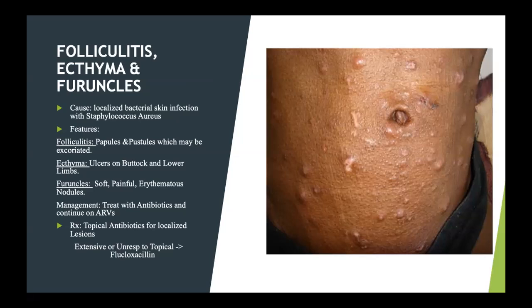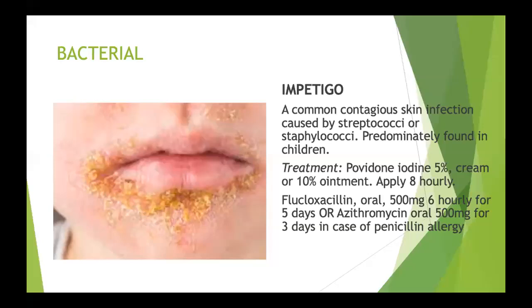Topical cream is also used for the localized lesions. And for extensive lesions, we use oral flucloxacillin. Still under bacteria, we have impetigo. It's a common contagious skin infection caused by streptococci and staphylococcus. It's predominantly found in children.